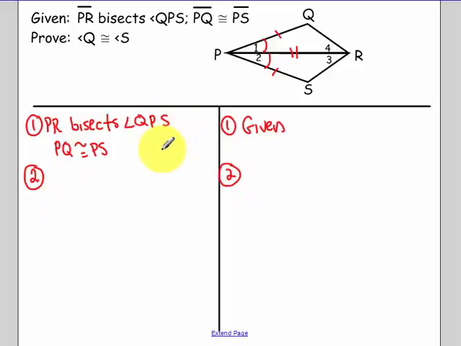So let's take this first piece of this given. PR bisects angle QPS. Now I can state that angle 1 is congruent to angle 2 by definition of an angle bisector.